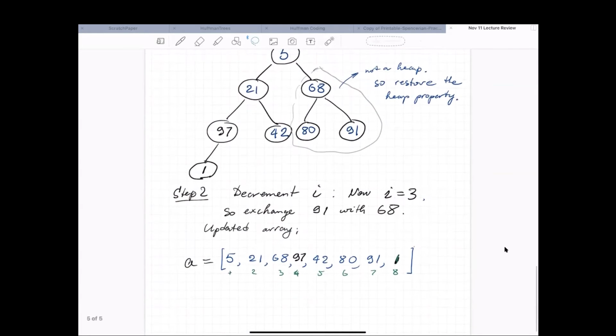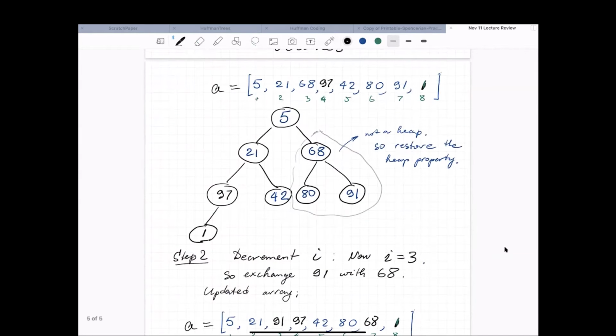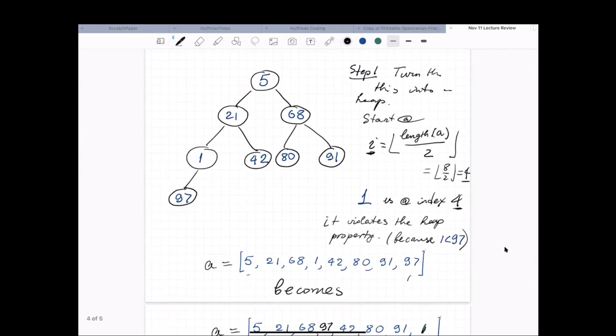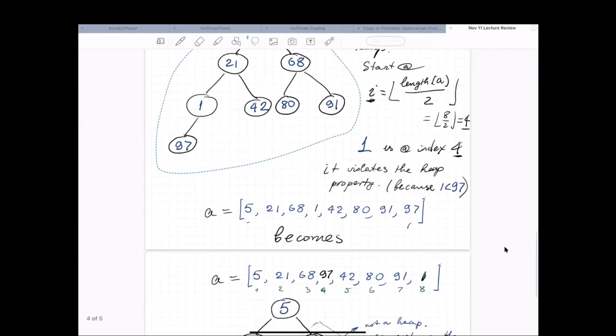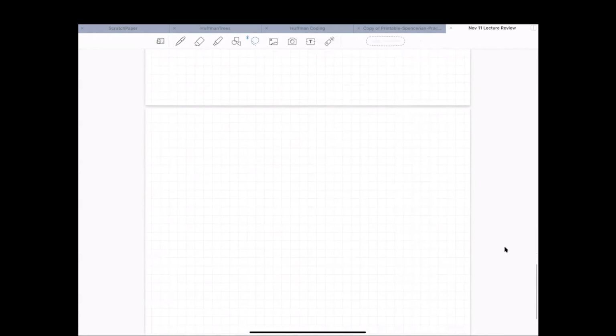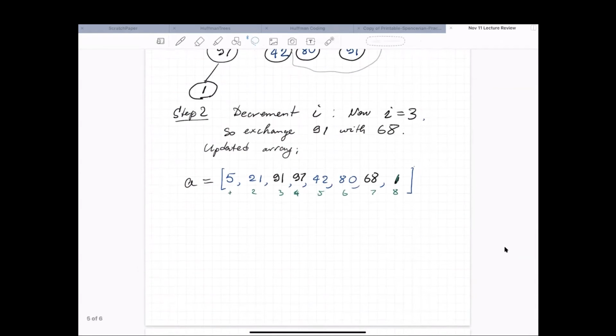Okay, so we've exchanged 68 with 91. So this 91 becomes 68, and this 68 becomes 91. My way of visualizing this tree, okay, I copied the wrong tree, but that's okay, is going to be the following.